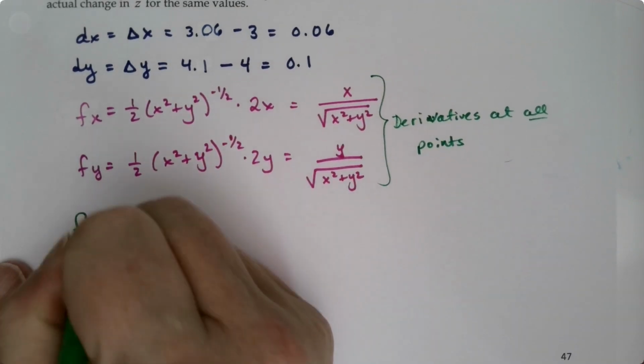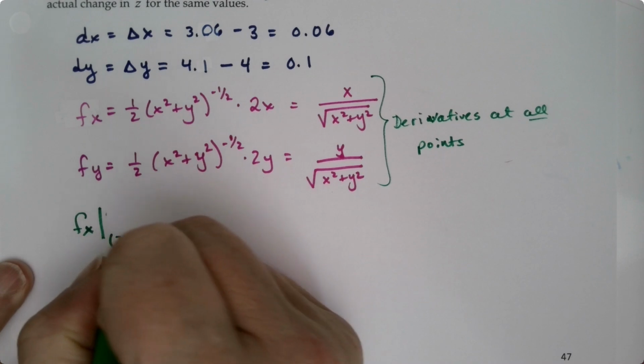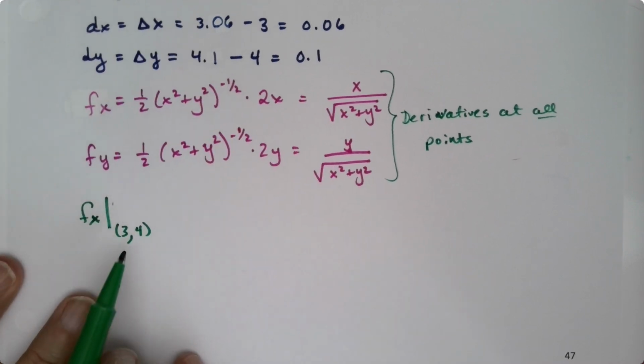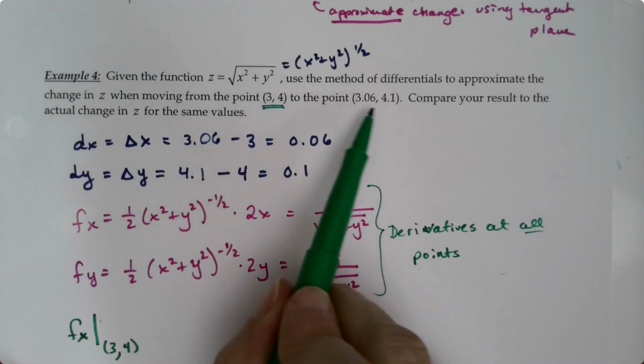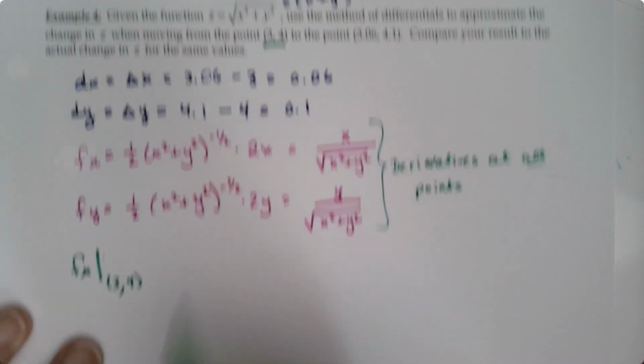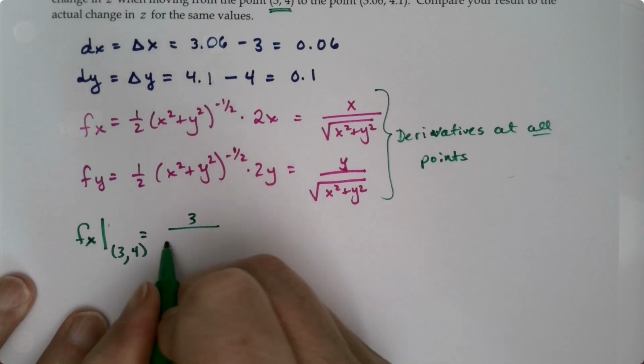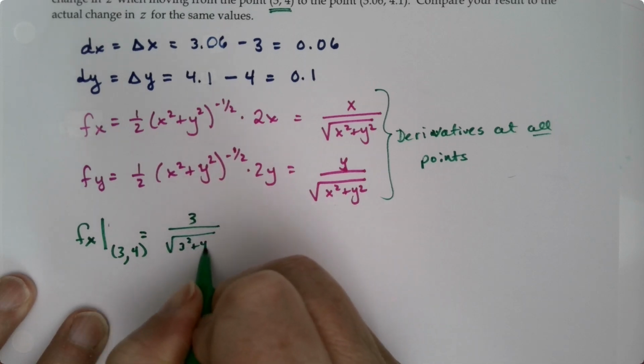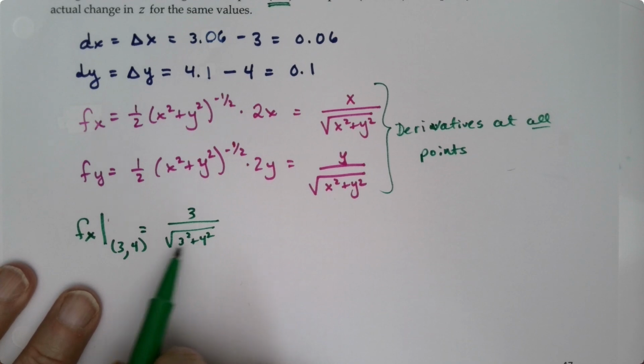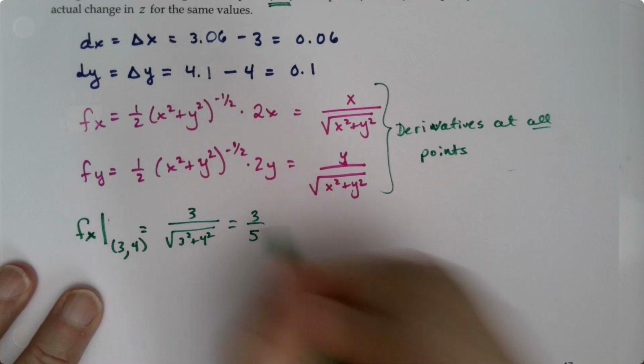So f sub x at 3, 4, because we're using 3, 4. 3, 4 is the point of tangency, right? That's the point we're coming from. And we're going to move to this one that's just really close by. So f sub x at 3, 4 would be 3 over the square root of 3 squared plus 4 squared, and we've run into this before. That's 25. Square root of 25 is 5. So this is 3/5.